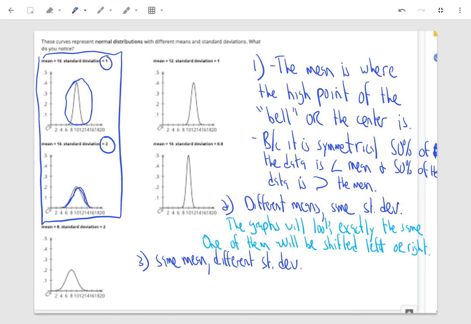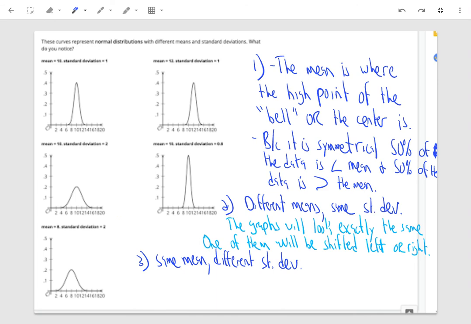Okay, let's take a look at another example. Okay, so we did that one. Here we have another example right here. Okay, both of these have, excuse me, they both have means of 10, but this one has a standard deviation of 2.